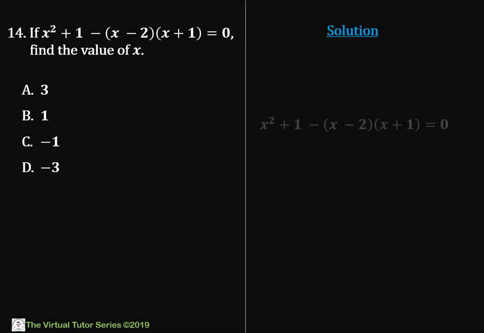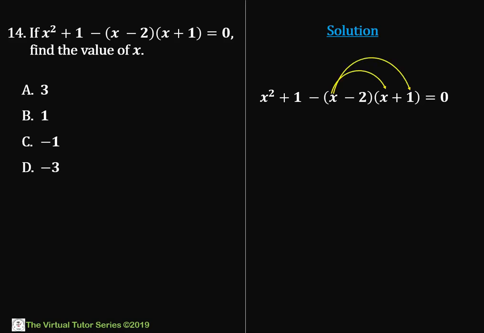Here is our equation. Let's first expand the terms in the bracket by multiplying x by x and 1 and negative 2 by x and 1. x times x is x squared and x times 1 is x.